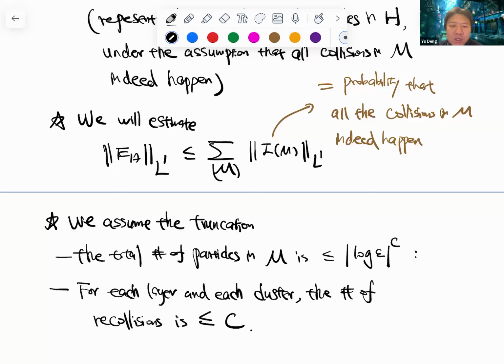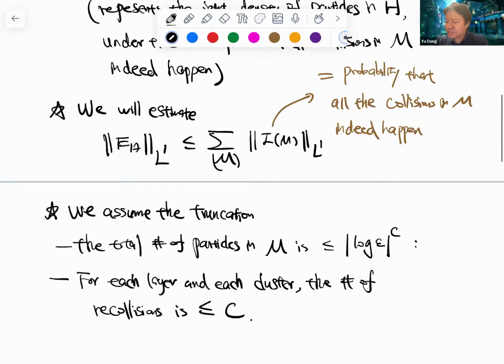The reason for this truncation, the first truncation we already explained last time. The second truncation is basically because we want to avoid the scenario where a small number of particles keep colliding many times.